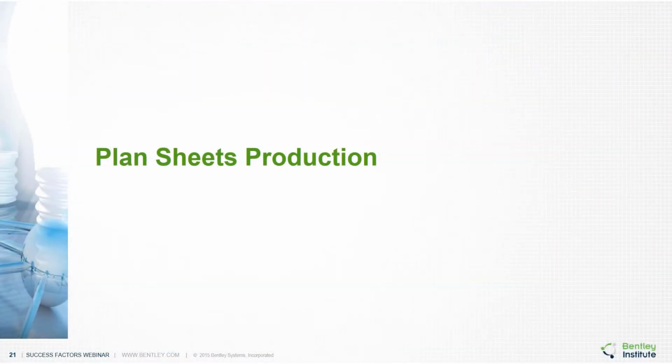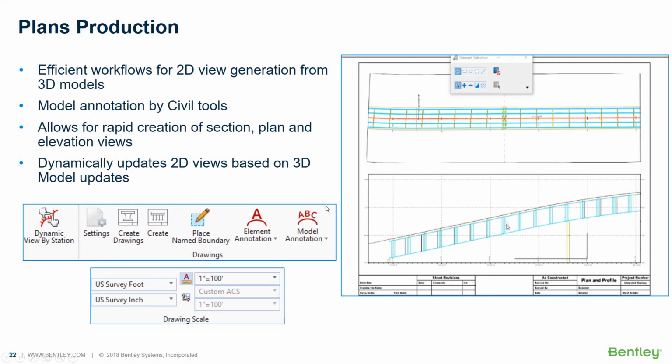Also, on this release, as a new improvement, we have incorporated a new way to produce plan sheets or plan and profile sheets. Okay, so you will have a 3D model, of course, in OpenBridge Modeler, but then you can dynamically cut 2D views. You know, we don't call them sections, we call them 2D views because this is all referenced to the model, meaning that any changes in the model will be reflected in your plan sheet.